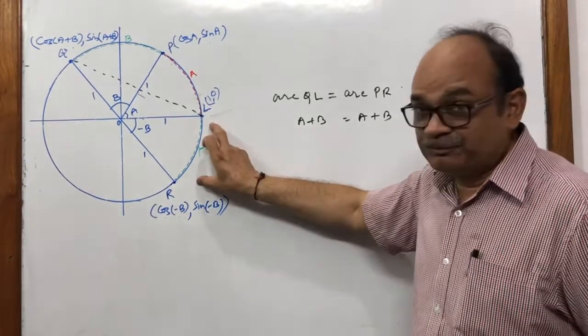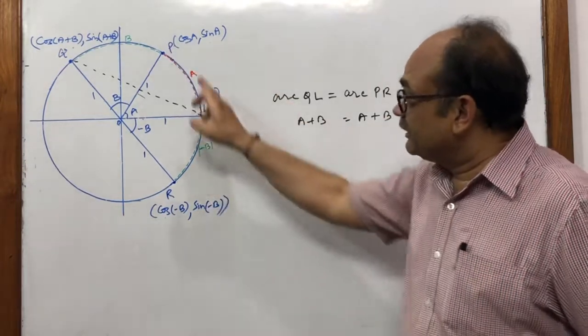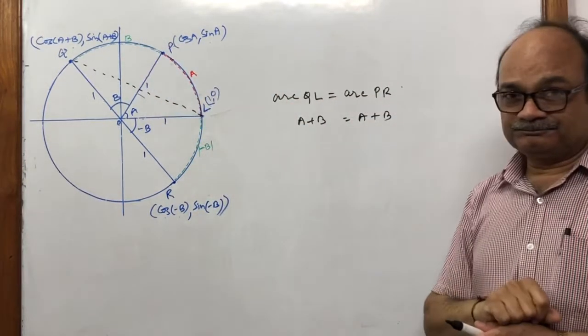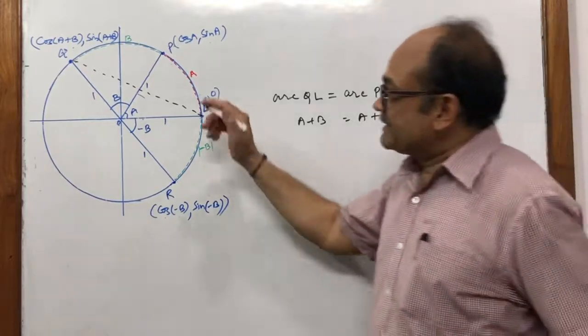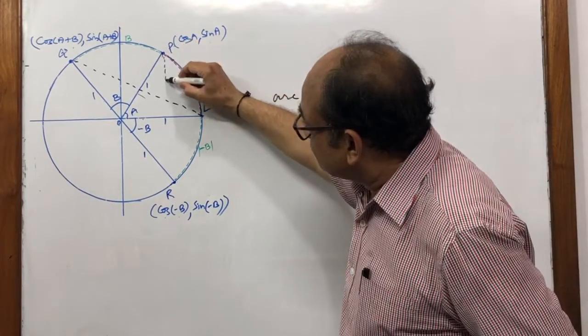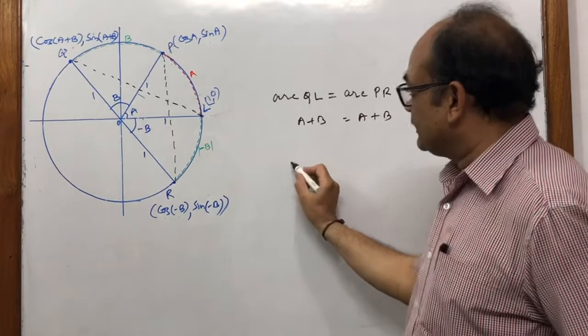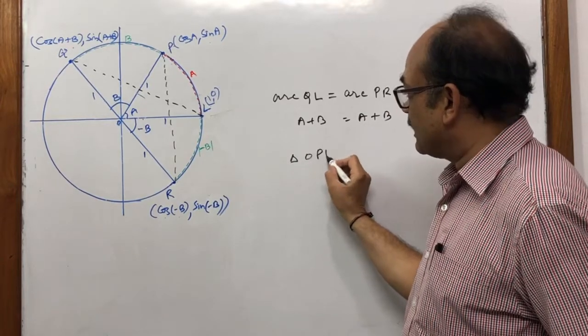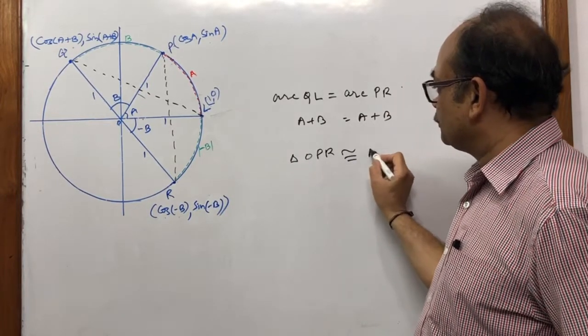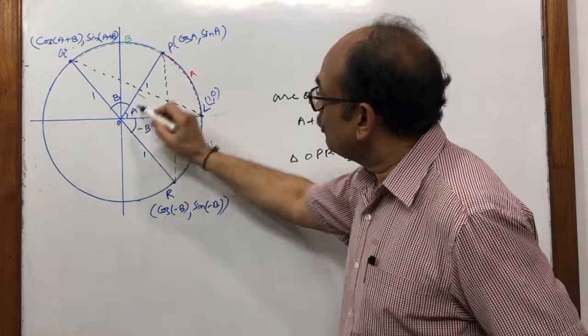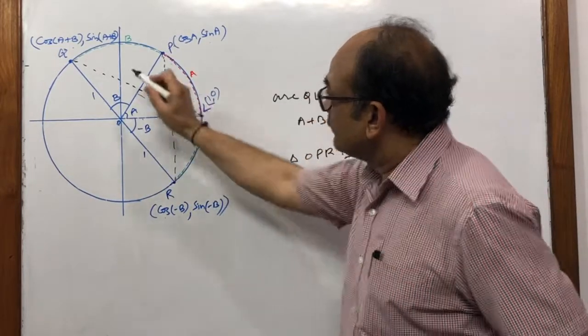This one is B, and A plus B and A plus B. It means, if we join, then triangle OPR is congruent to triangle OLQ.